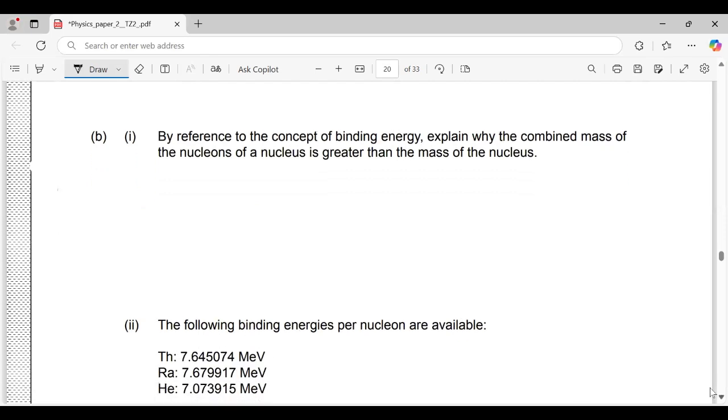Right. This one, B. By reference to the concept of binding energy, explain why the combined mass of the nucleons of a nucleus is greater than the mass of the nucleus. I have provided my explanation about this.